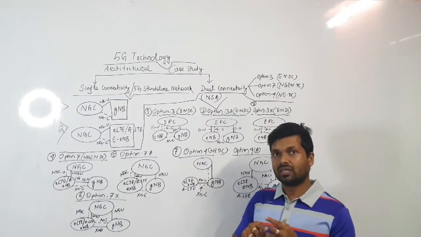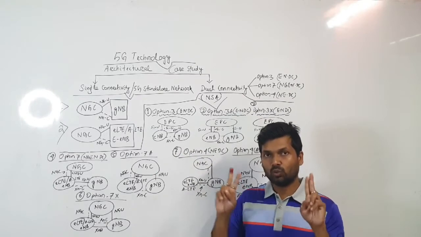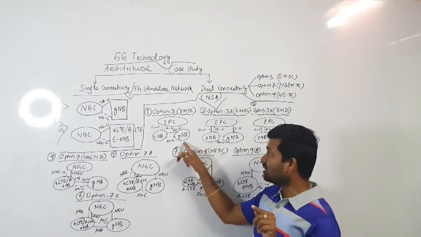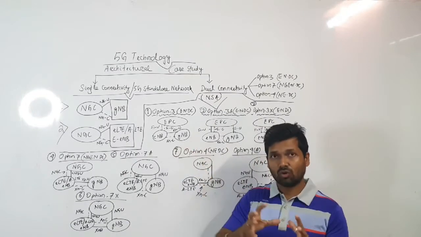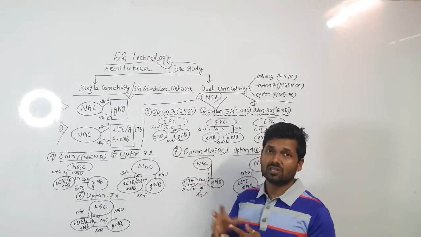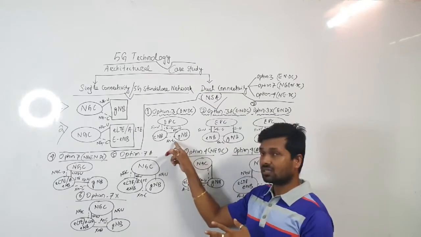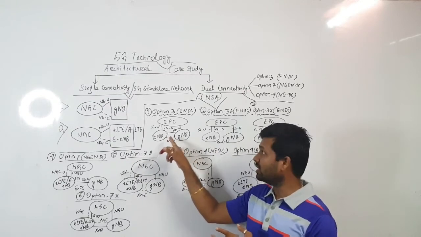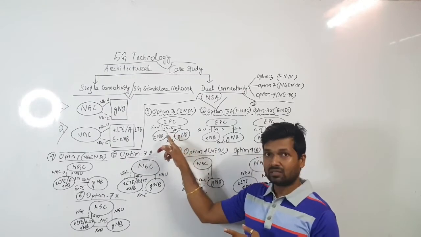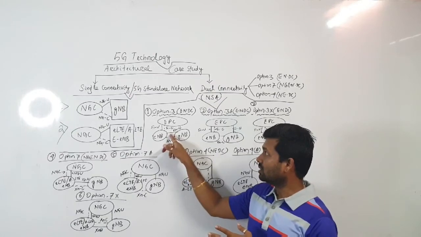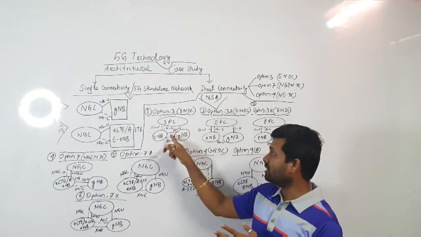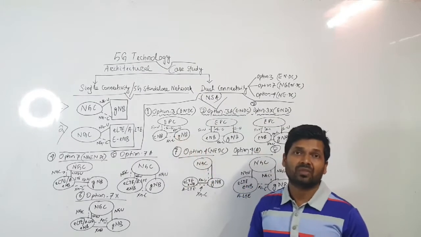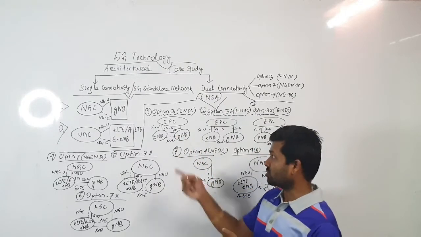In LTE we call it the X2 interface. Between two eNode Bs there is an X2 interface. But here in this case where gNode B is involved, we call this interface Xn. So we have Xn control plane and signaling. We have Xn. These dotted lines are control plane, and these straight lines, or the lines which do not have any dot, we are using this as user data transmission or user plane.